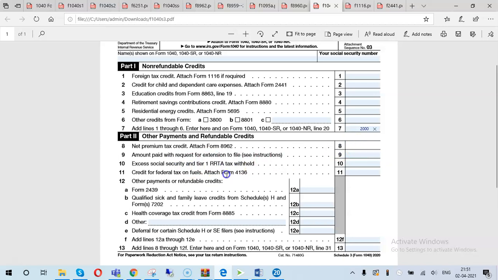Amount paid with the request for extension to file comes in when there is an extension filing.